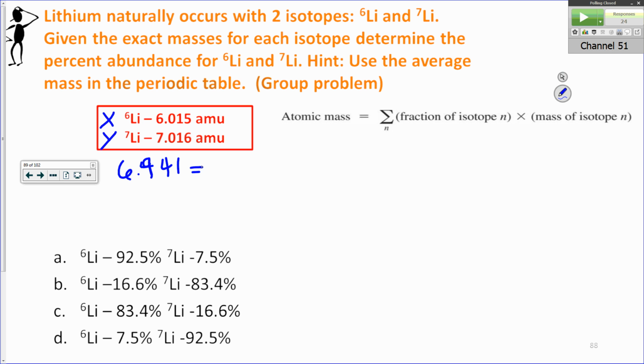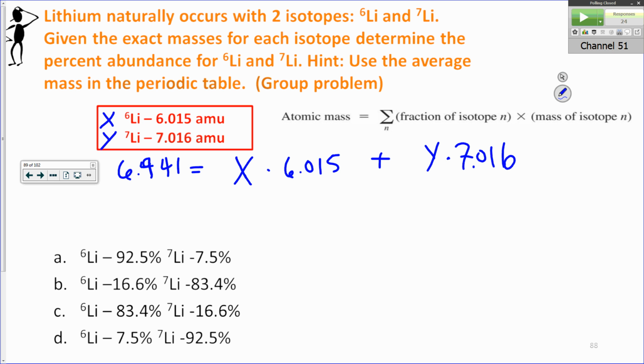That's going to equal the decimal equivalent for lithium 6, X, times 6.015, plus Y times 7.016. And then the other thing I know is the summation of the two.